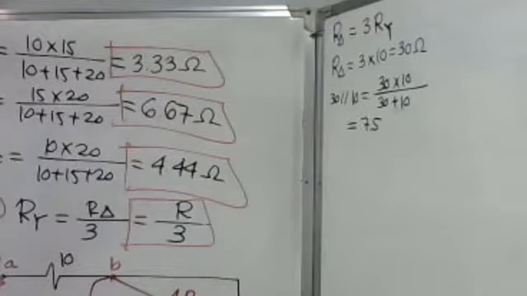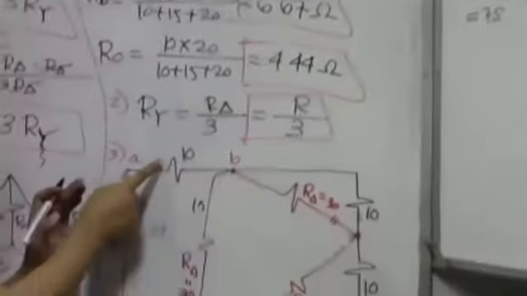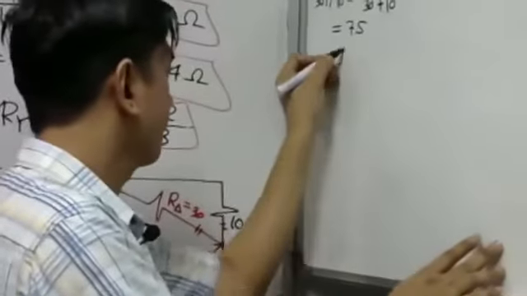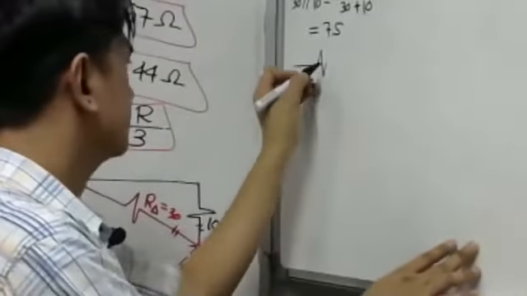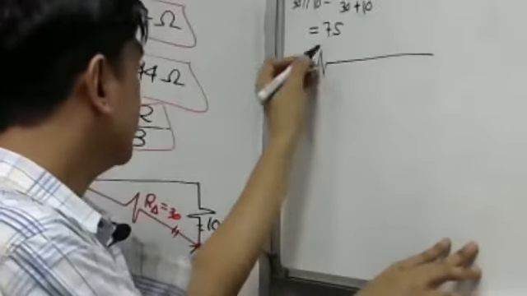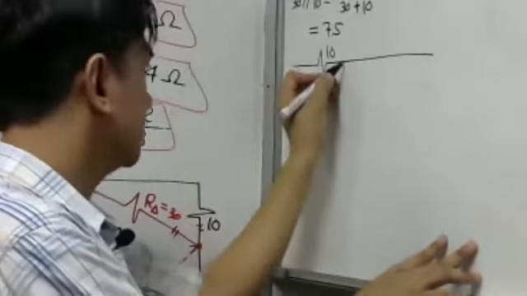So, take a look, guys. We have here our 10 and 10. I will draw the circuit here. We have our 10 here, and we have our 30 ohm resistor here.